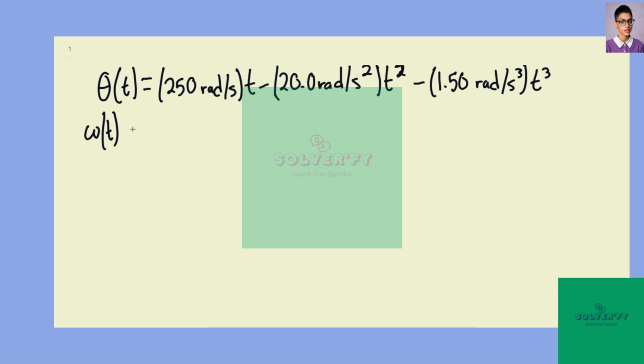The first question is asking us, when does the angular velocity equal 0 radians per second? So omega of t equals 0 radians per second at what t?